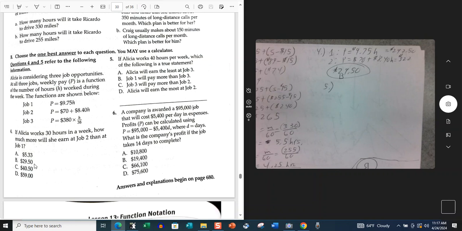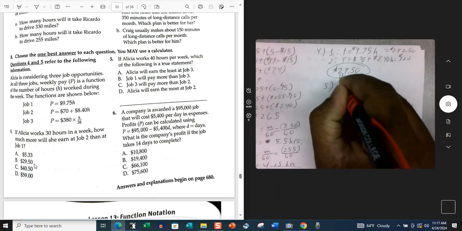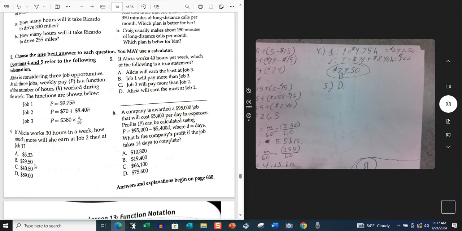Now, as you can see here, if we substitute in for each problem here, this will end up being a tedious process. So what we want to do, I'm just going to get the answer, which is D. The answer is D. But I'm going to show you how you would substitute that in. Now, it says Alicia will earn the most at job 2.